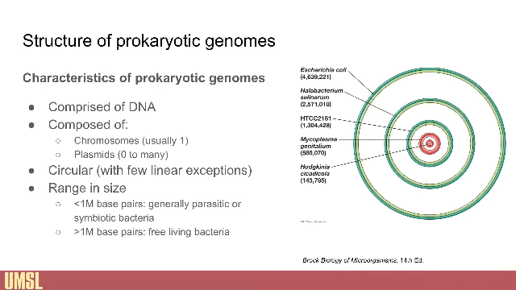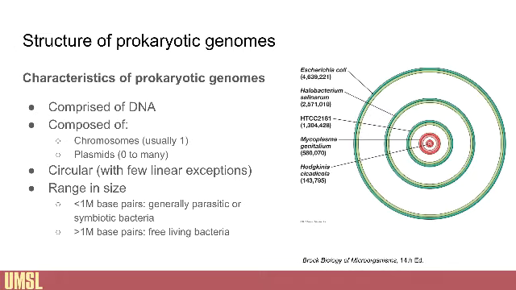If we were to rewind the clock and go back to microbiology, the prokaryotic genome is comprised of DNA, composed of chromosomes, and these chromosomes are circular. Now there are some bacteria with linear chromosomes. I think one of your pathogens for sure has a linear chromosome.